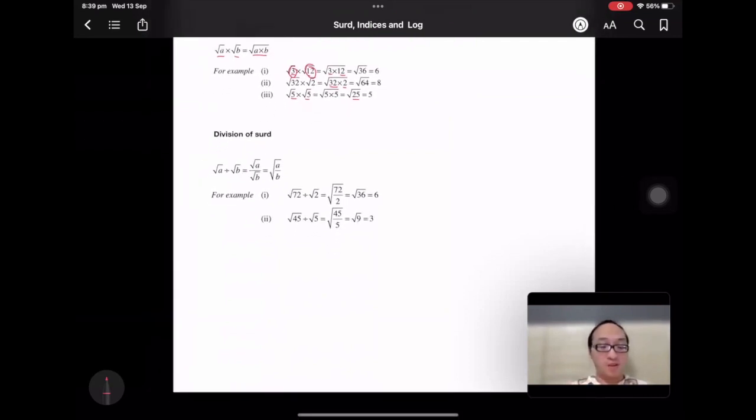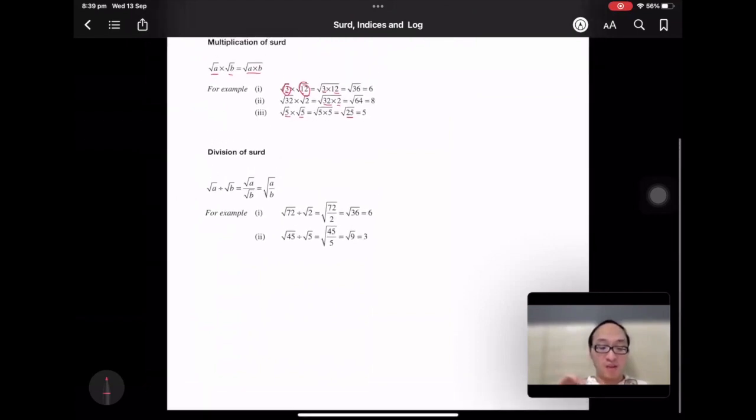That's multiplication. How about division? For division, we can do the same thing as multiplication. We can combine the surds. For example, the surd A over the surd B is the surd of A over B. We can combine A and B together.